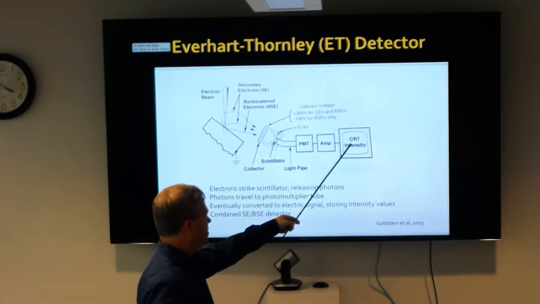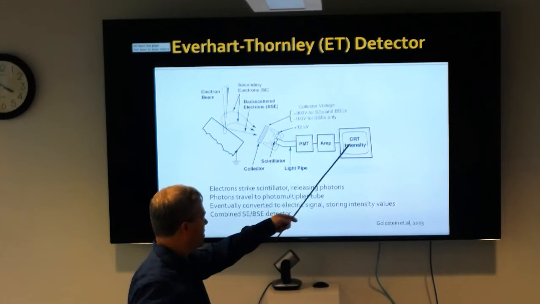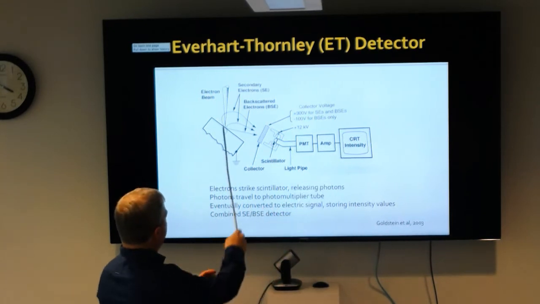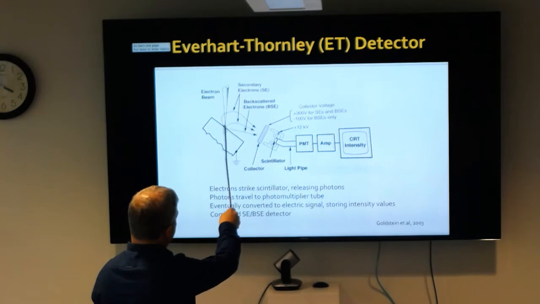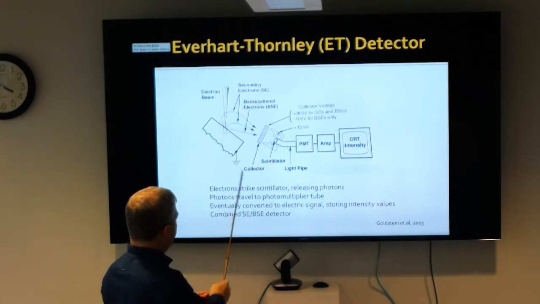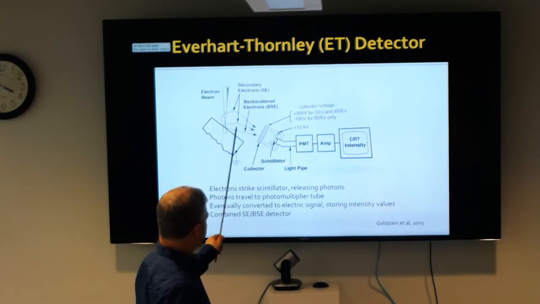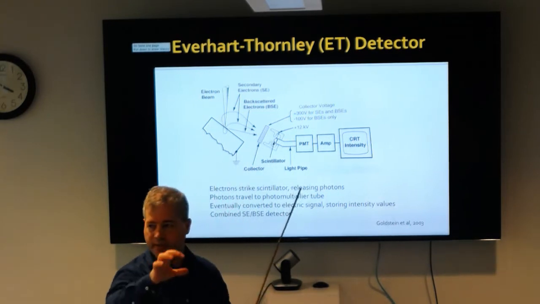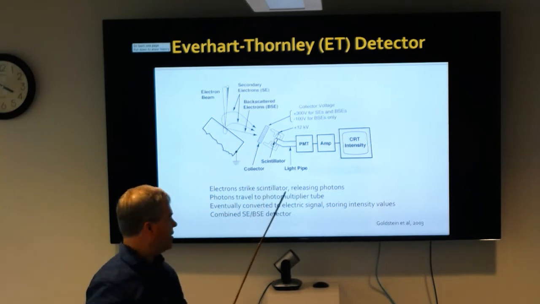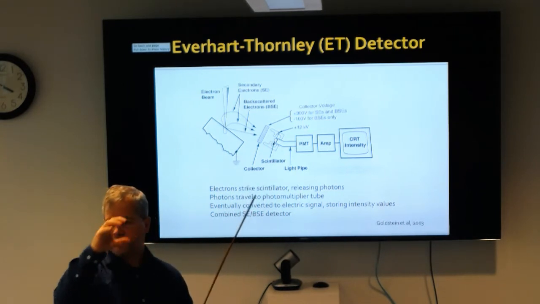This says it's going to CRT density. Actually, it'll then go into a file or something, and then the beam will scan to the next point, integrate and collect the signal from that, and then move 1 pixel over to generate your image pixel by pixel.